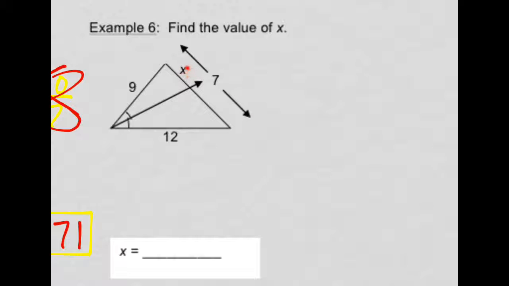If this was, let's say, 3, then what would this be? This would be 4, right? Or 7 minus 3. So your value of this side is 7 minus x.